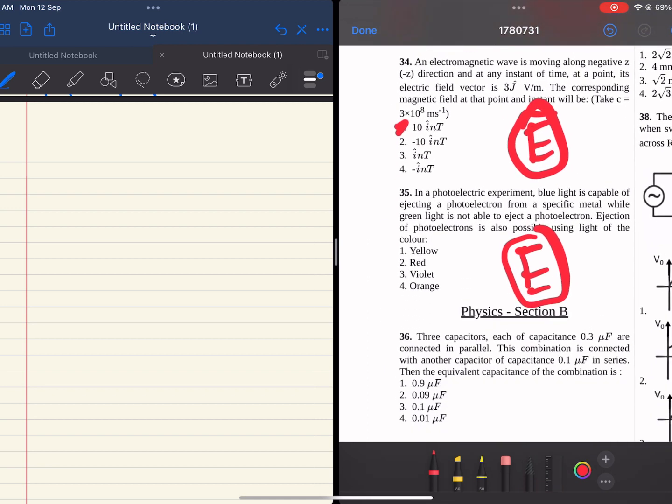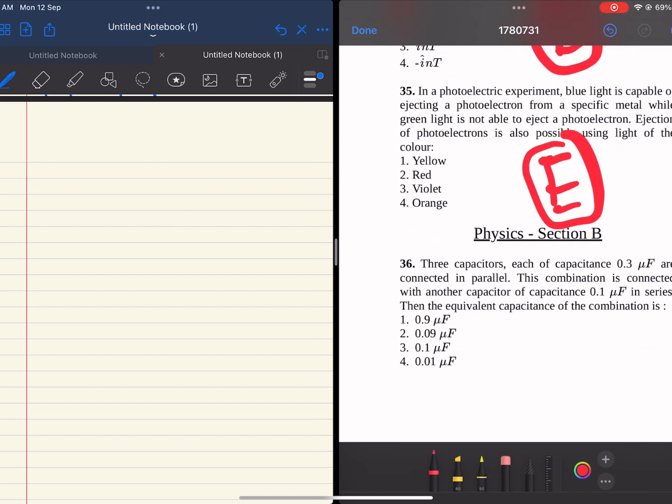If blue light is able to eject a photoelectron and green light is not, that means the threshold frequency is greater than the frequency of green light, and blue light is greater than or equal to the threshold frequency. So obviously a light which has greater frequency than blue light should also be able to eject an electron. Here the only color of light which has a greater frequency than blue light is violet light, so that's the answer. Others all have lesser frequency, so they cannot eject an electron.